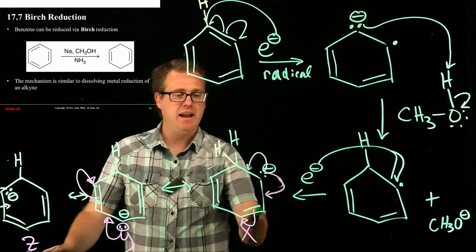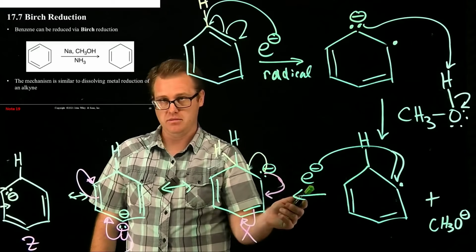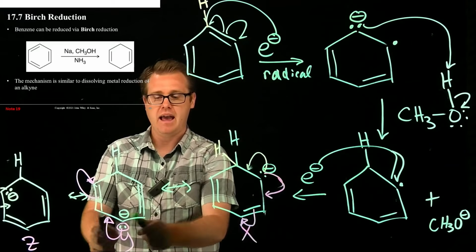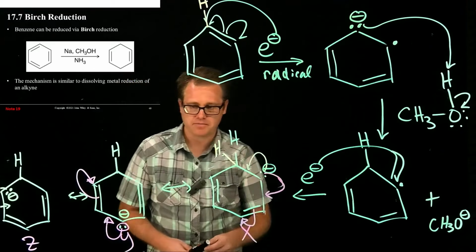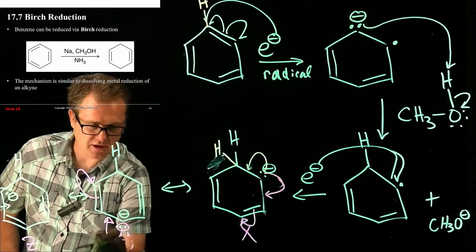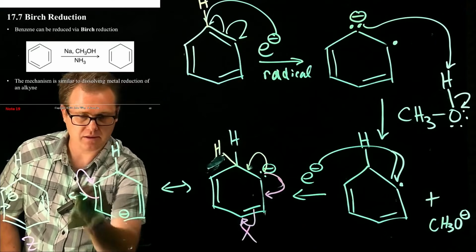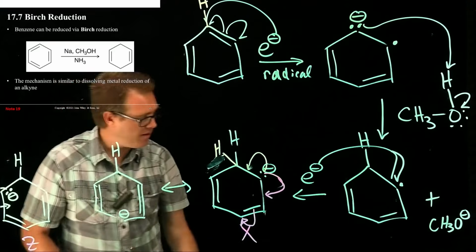So Z and X only have one option to resonate, whereas Y has two, making that the more stable structure. Okay, and now when we're in this resonance structure right here, let's clean up these arrows to see the next step.